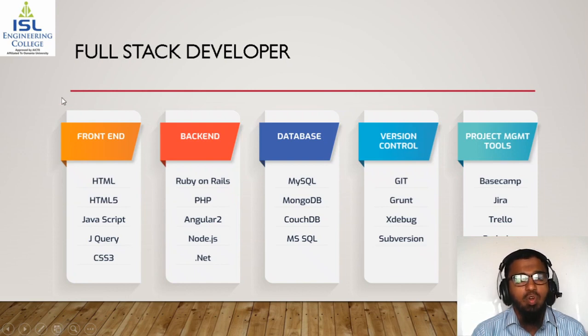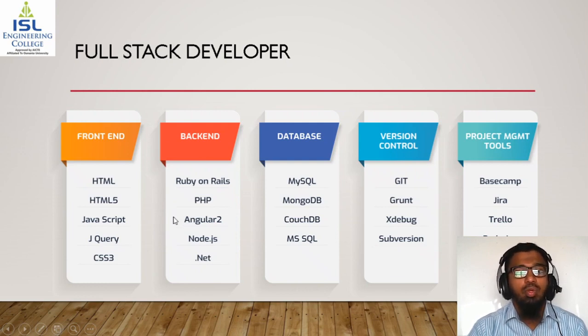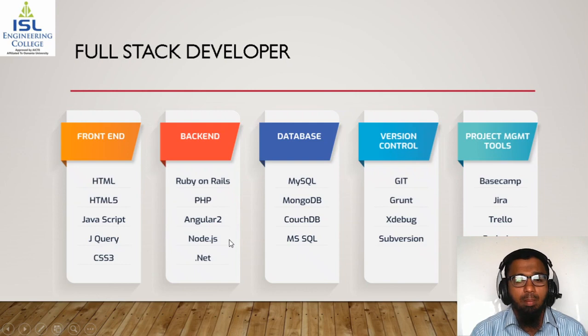Okay, and if you want to be a full stack developer, you must know the backend. What is the backend? In the backend there are so many technologies: Ruby on Rails, PHP, Angular, Node.js, .NET. Any one of these you can select and use as a backend. Okay, so the front end we are going to see first. I will just introduce you to the complete full stack developer.